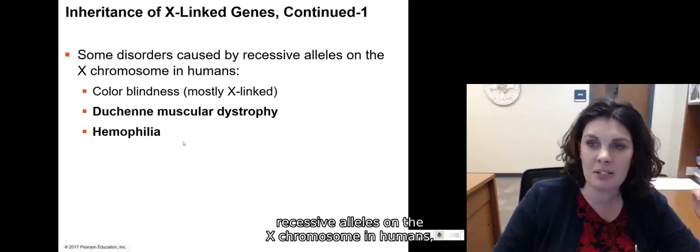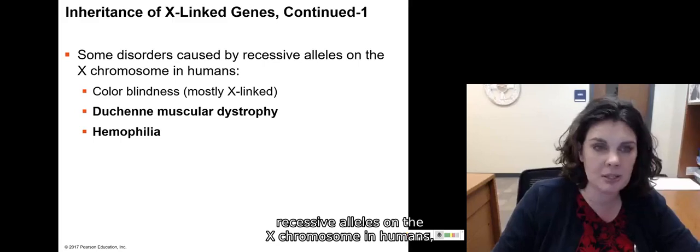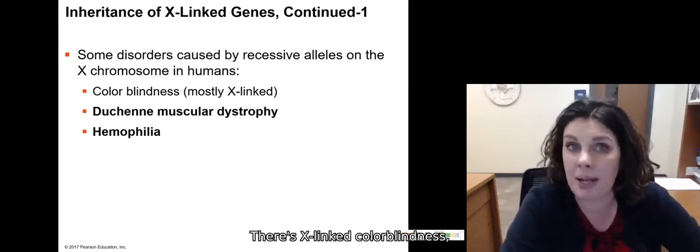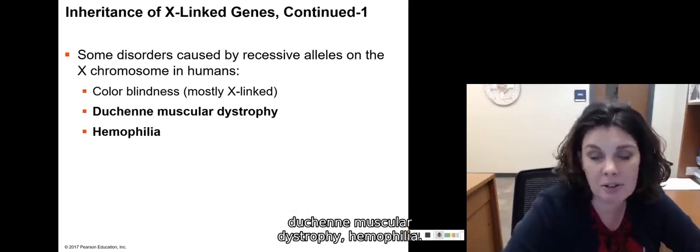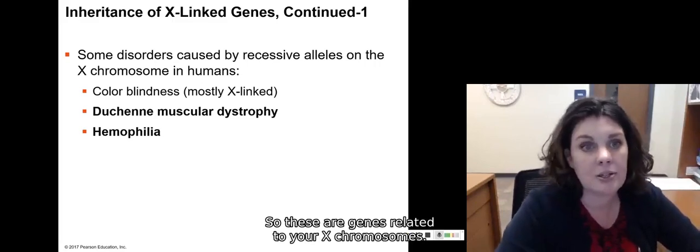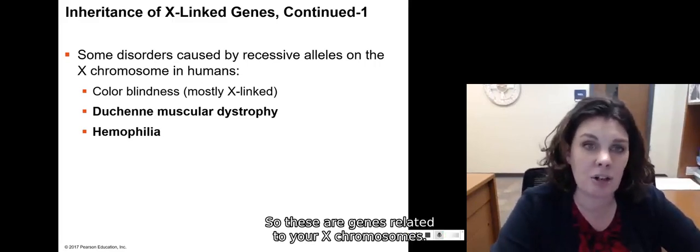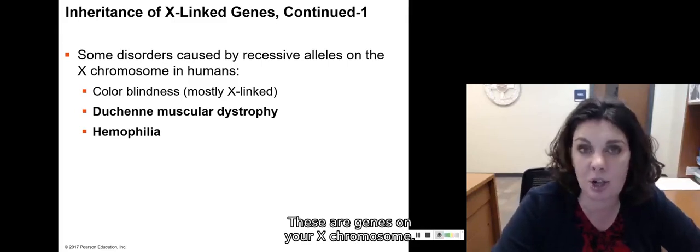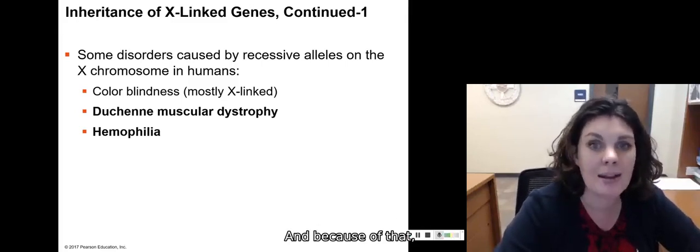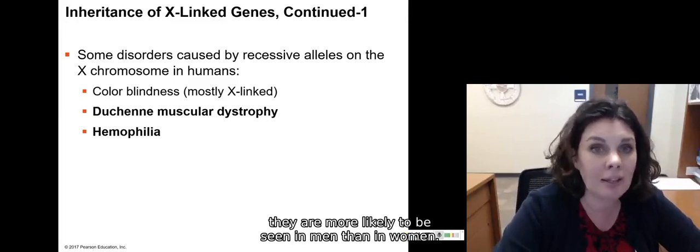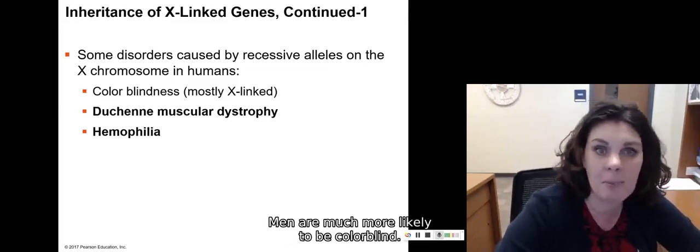Okay, some disorders caused by recessive alleles on the X chromosome in humans. There's X-linked color blindness, Duchenne Muscular Dystrophy, and hemophilia. So these are genes on your X chromosome. And because of that, they are more likely to be seen in men than in women.